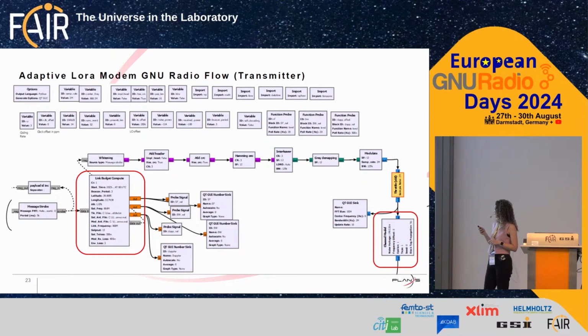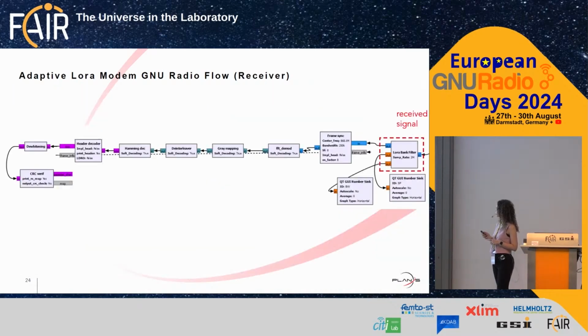And then the modulated data undergoes the channel modeling block. And the received signal undergoes the LoRa filter bank for estimation of the spreading factor and bandwidth values. Then the classical receiving blocks are applied, and then the signal is recovered.